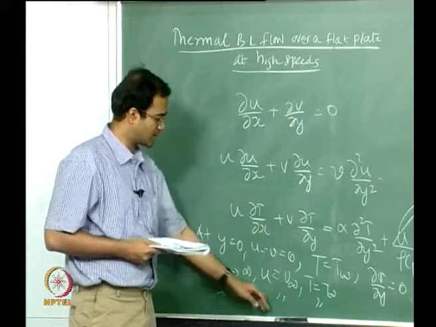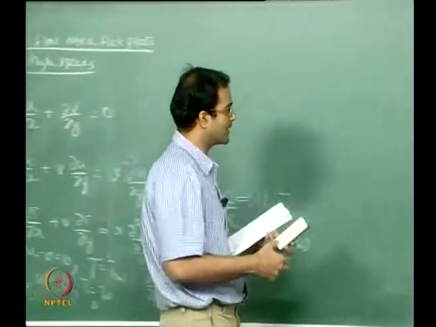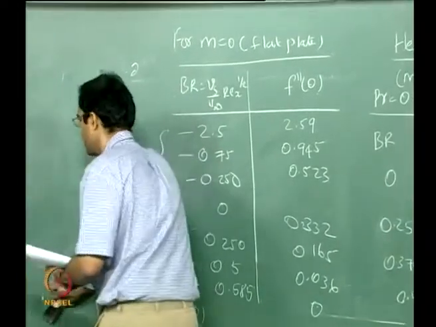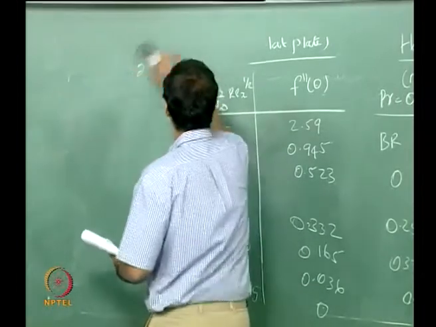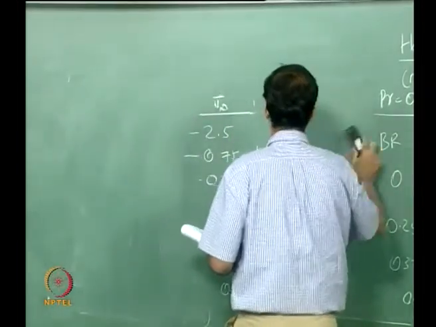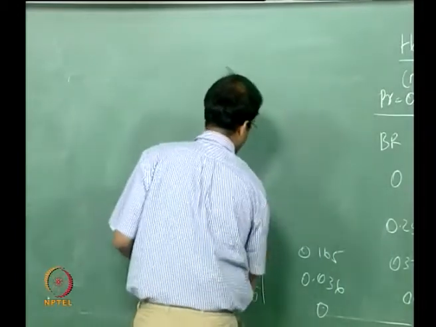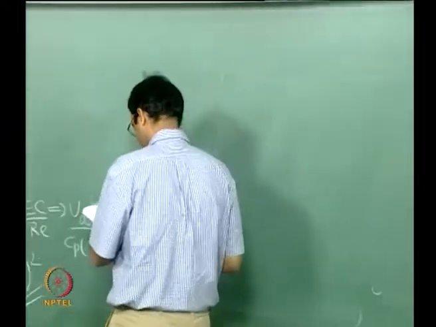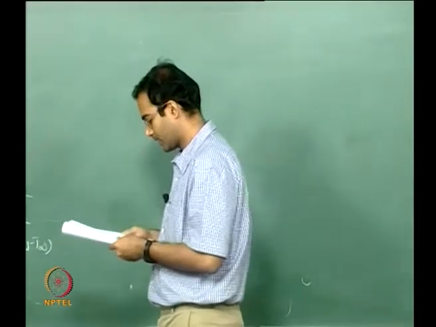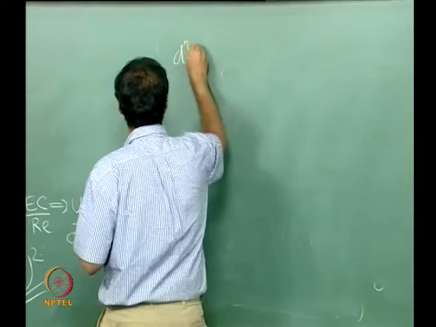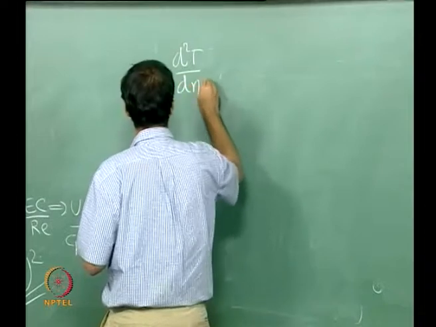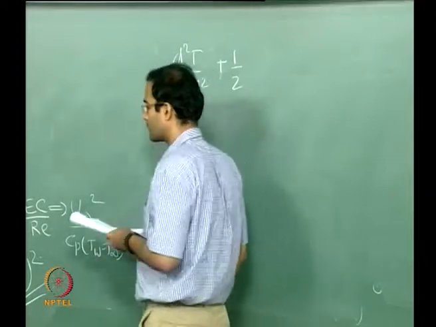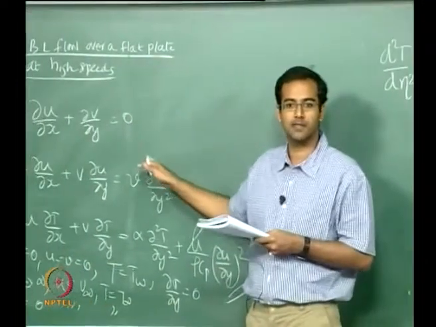If you substitute that and clean up all the unnecessary terms, this is the final similarity solution equation for temperature, because the flow is still the same as the flat plate Blasius solution.